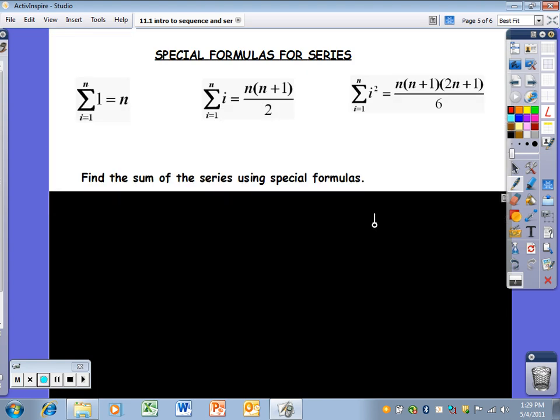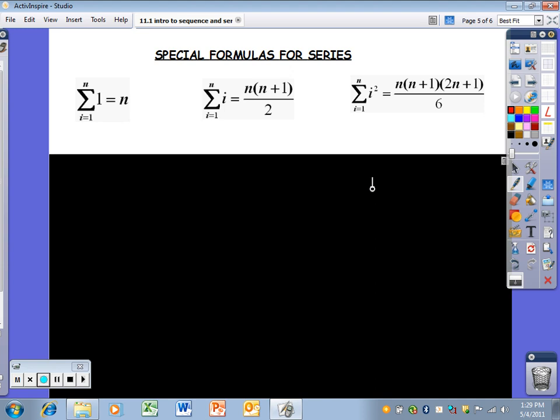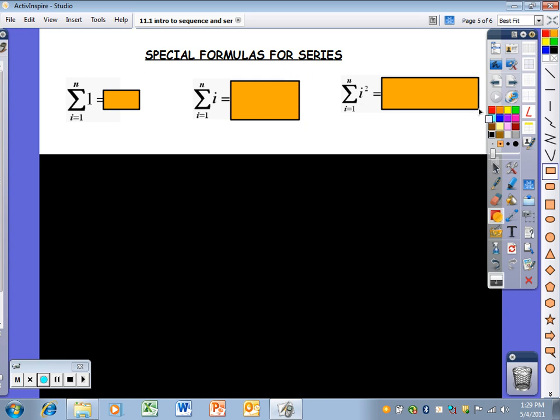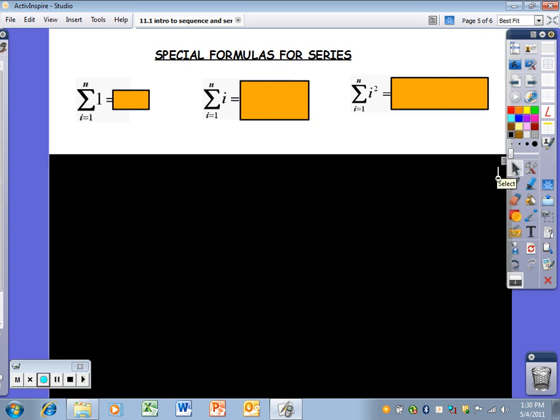Just a few more things. We have some special formulas that we can use. Okay, sometimes it's easier to understand this way. This is saying I'm adding up a bunch of 1s. So let's say I'm going to do 4 1s. 1 plus 1 plus 1 plus 1 will give me 4.